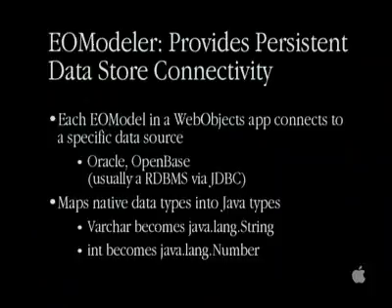Each model is used in a WebObjects application to connect to a specific data source. You can have multiple models in one WebObjects application also. It maps native data types into Java types because database types are not necessarily clearly mapped into Java types.